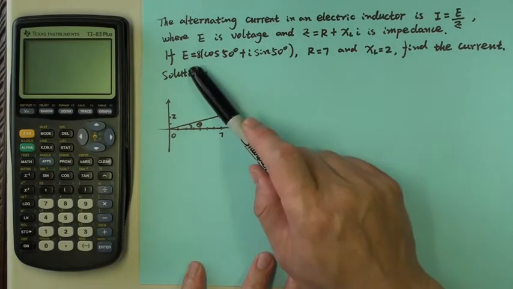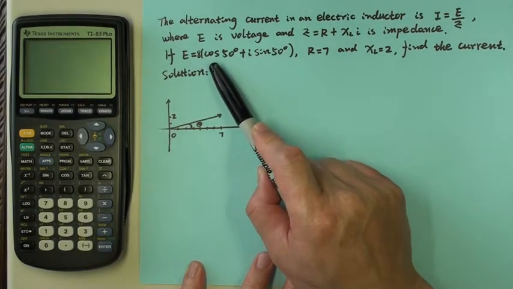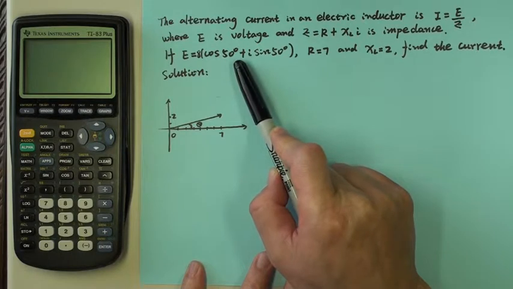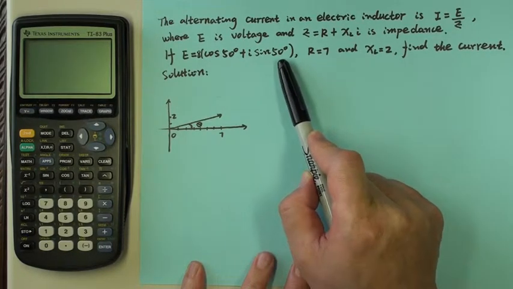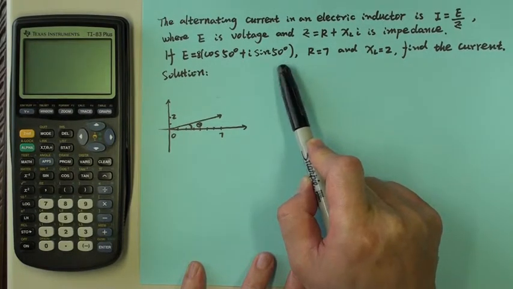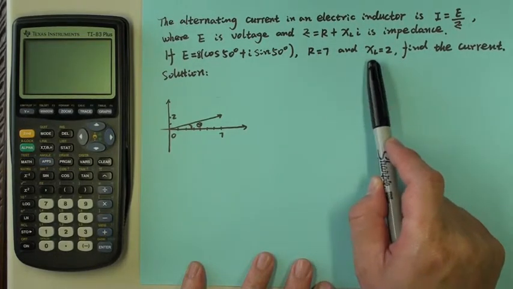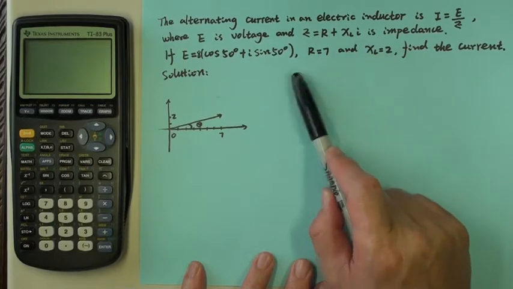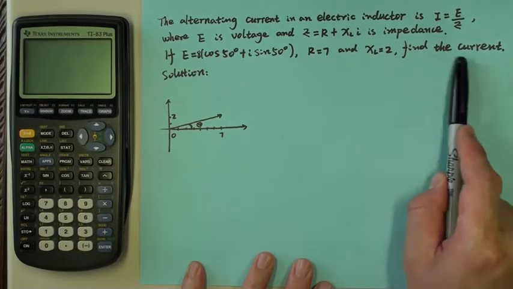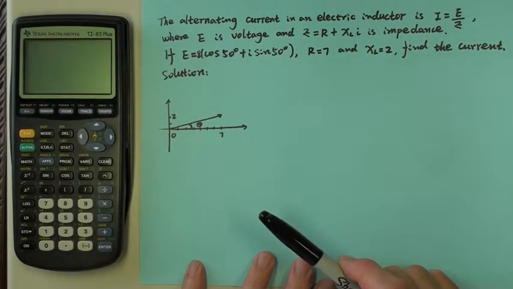So if we know E is 8 times cosine 50 degrees plus i times sine 50 degrees, and we know R here is 7 and XL here is 2i, we want to find the current. What is that?